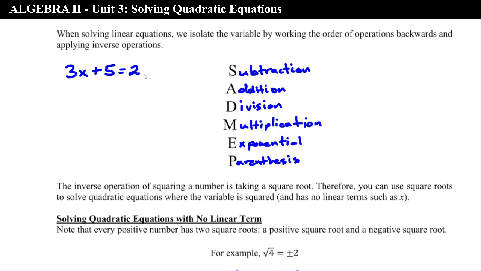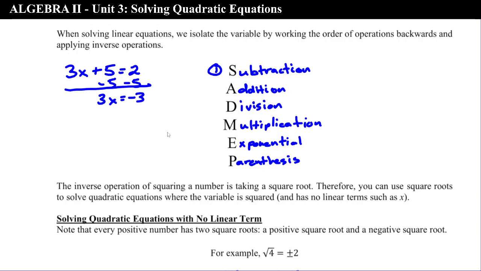And we want to solve for x. What was the first thing we did? Well, we subtracted 5 from each side. And that happens to be the first thing on our order of operations backwards. So you get 3x equals negative 3.